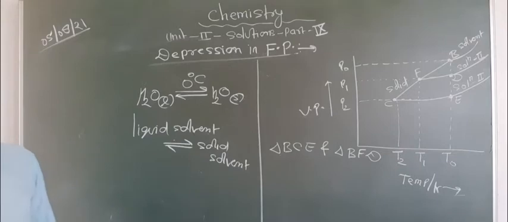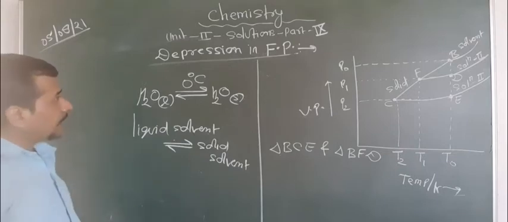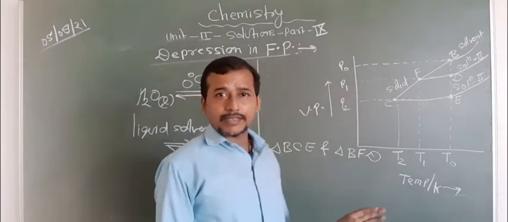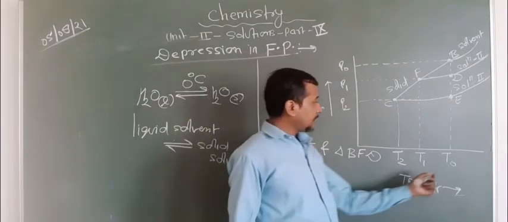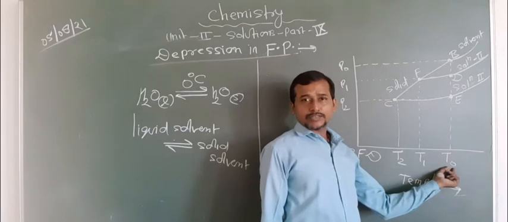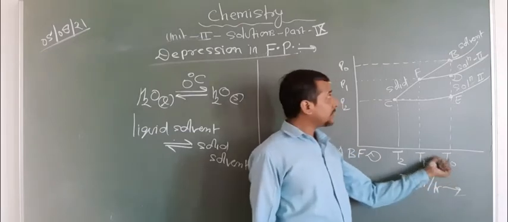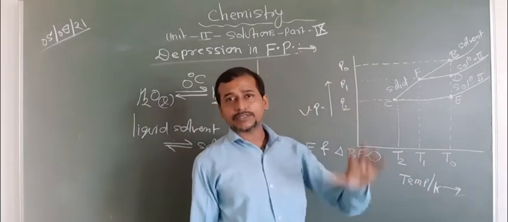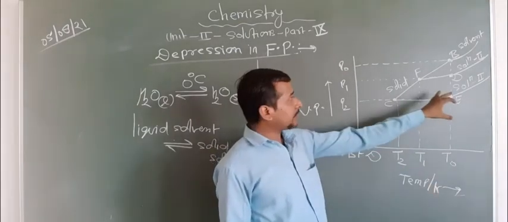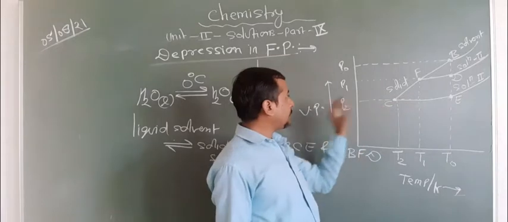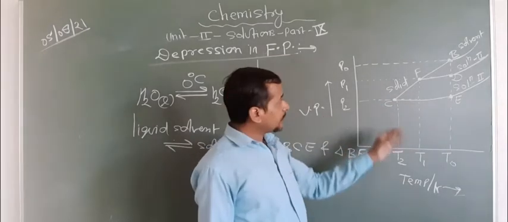So now let us focus on the graph again, just like I told you in the elevation in boiling point. Look, the temperature T0 shows the solvent freezing point, and P0 shows the vapor pressure of the pure solvent. T1 is the first temperature of the solution, and T2 is the second temperature of the solution.